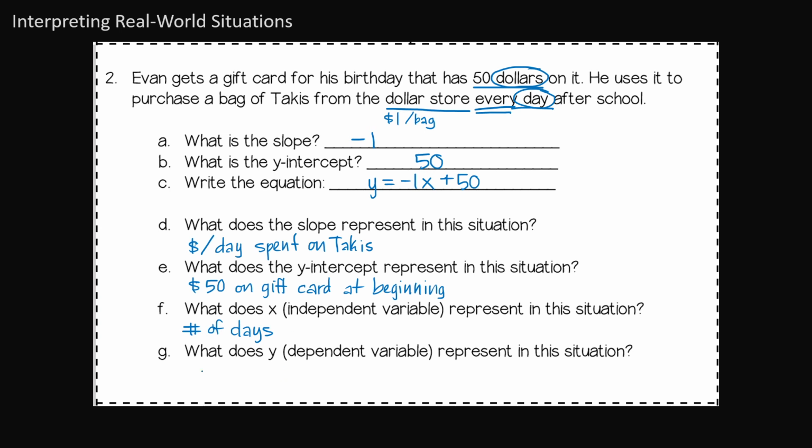And y represents not just the cost, it's the amount of money left on the card. Money left on card. Because let's say you start out with $50, he goes to the dollar store to get a bag 2 days this week. Well, he spent $2. The remaining balance, y, would equal 48.